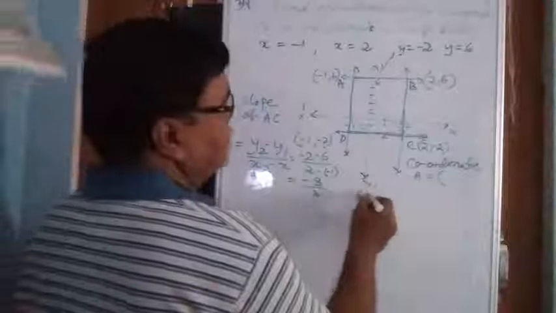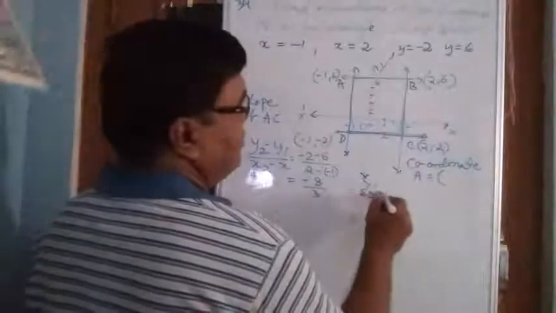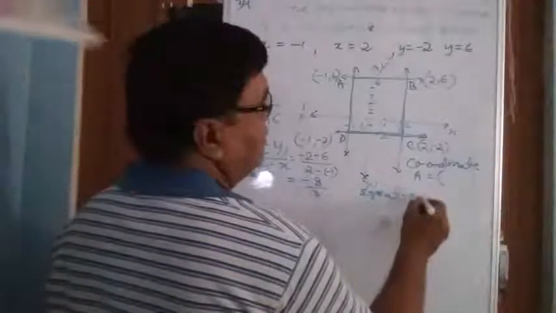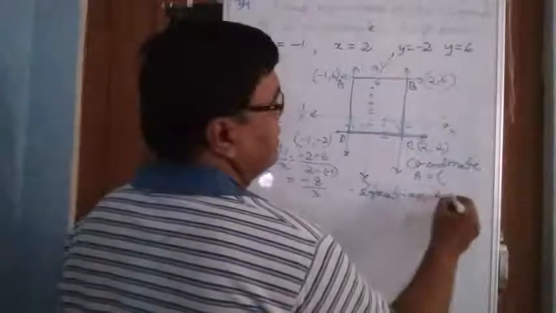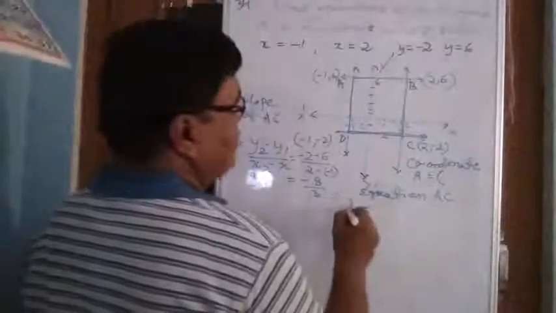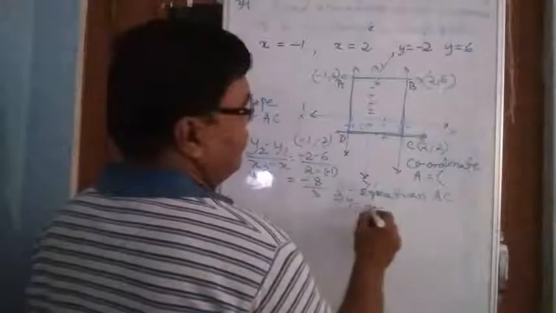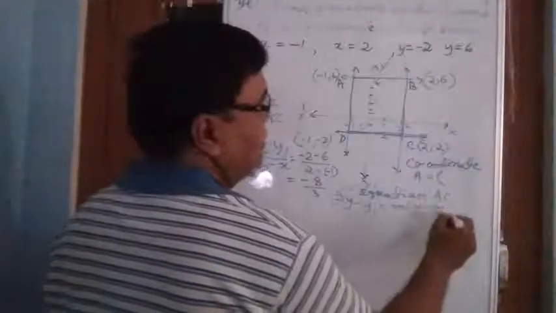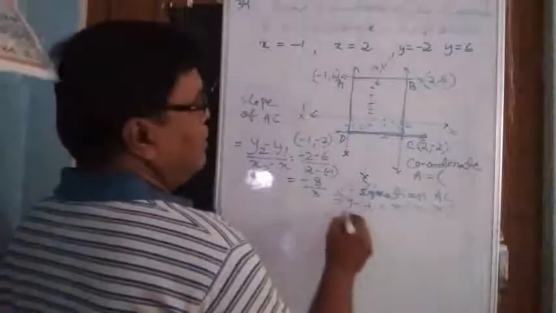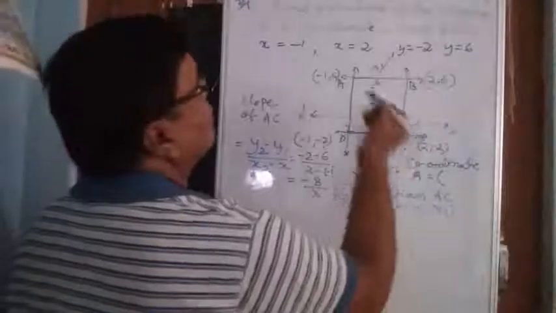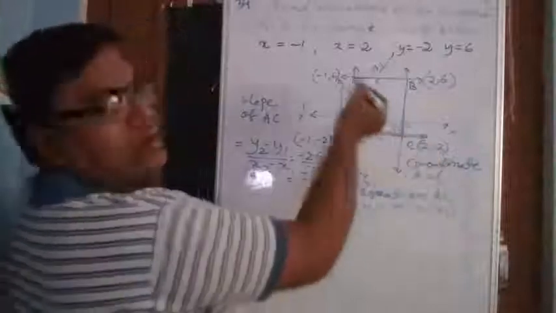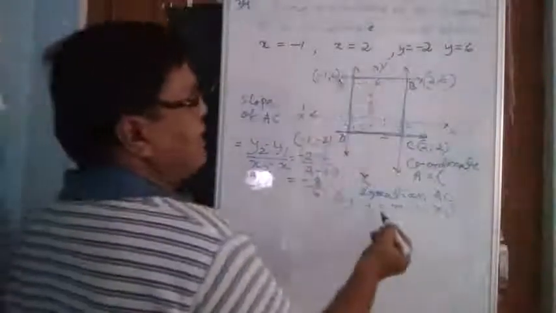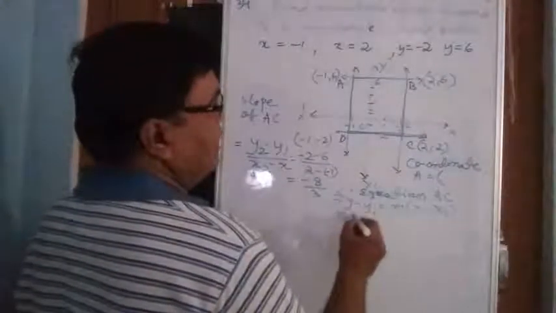Therefore the equation of diagonal AC is y minus y1 equal to m into x minus x1. You can take either of the coordinates.